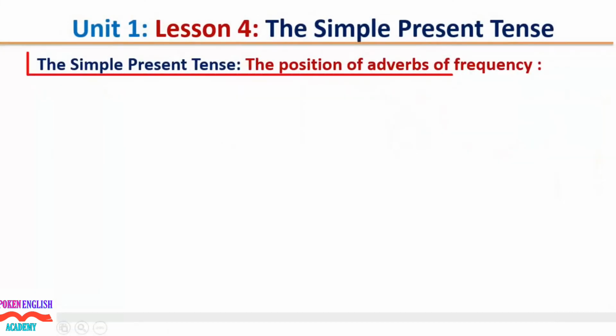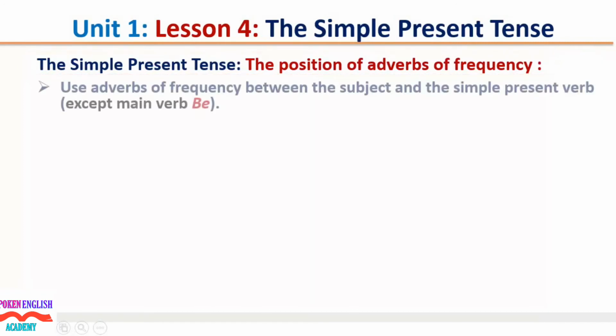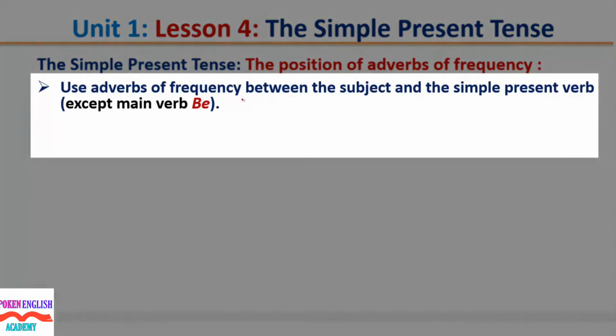The simple present tense, the position of adverbs of frequency. Now we are going to talk about the place. Where do we put the adverb of frequency in the sentence? Use adverbs of frequency between the subject and the simple present verb, except main verb be.